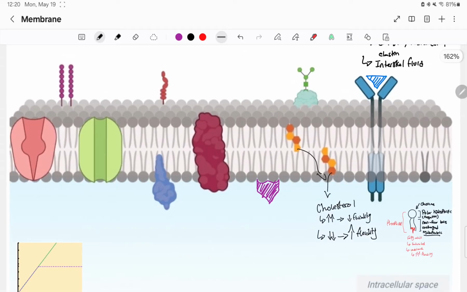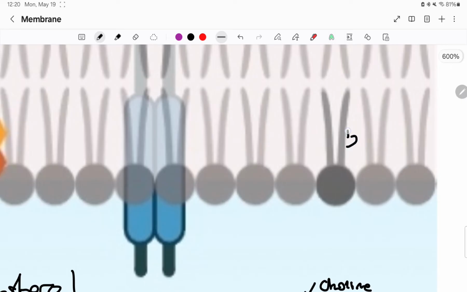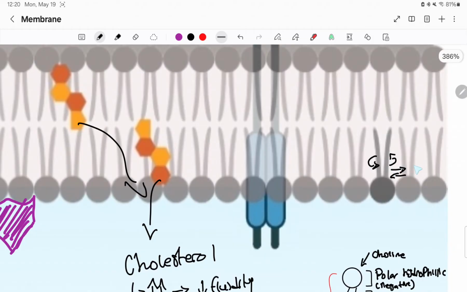Now, the other thing that you'll notice is these phospholipids that are all around, they're not just stationary. These guys can not only twirl, so they're spinning constantly, they can vibrate, they can switch places with other phospholipids.